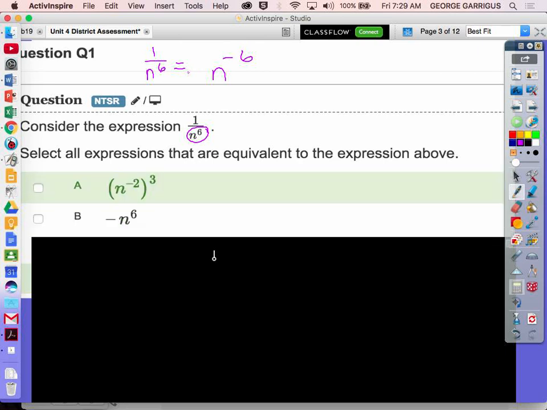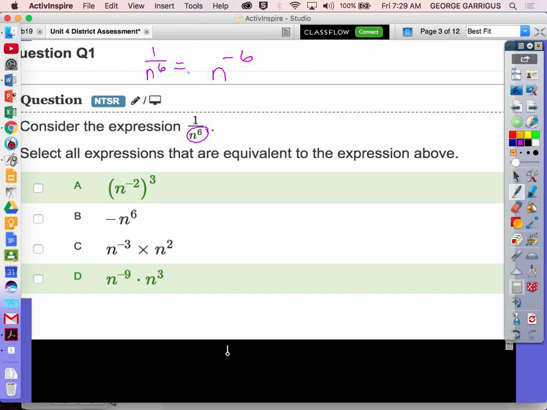So let's look at our 4 answers and let's see which ones are equivalent. If we look at example A, we have a power to a power. So the rule says when you take a power to a power, you multiply: -2 times 3, which is equal to n to the -6.